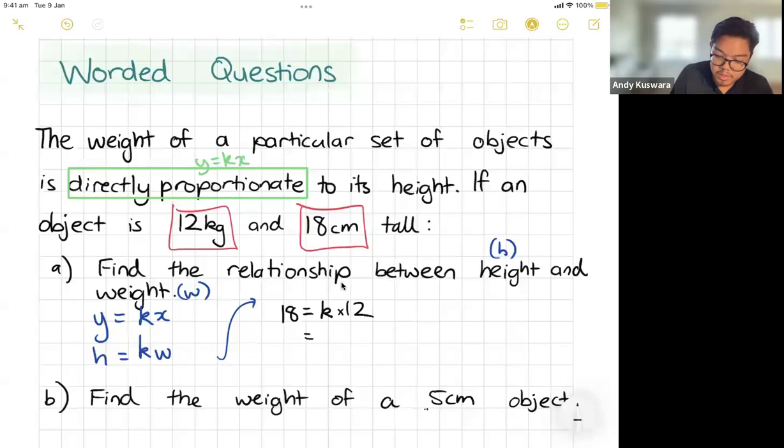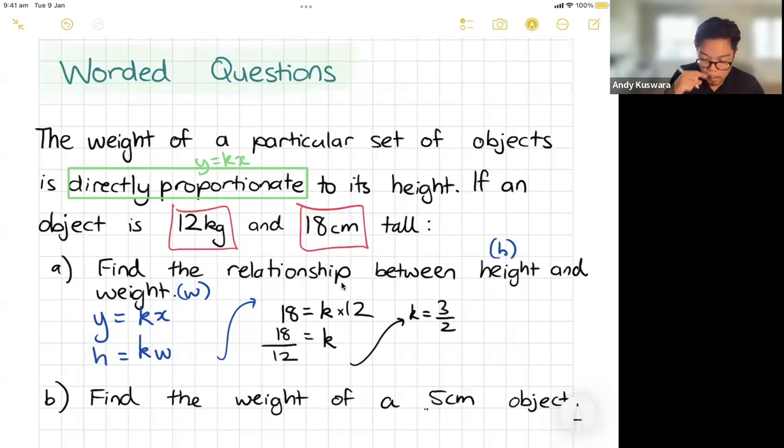And I want to solve for k. So in this particular case, k is just going to be 18 divided by 12. And then I can simplify that a little bit more to k equals 3 over 2. So now I've actually got my relationship between the two.